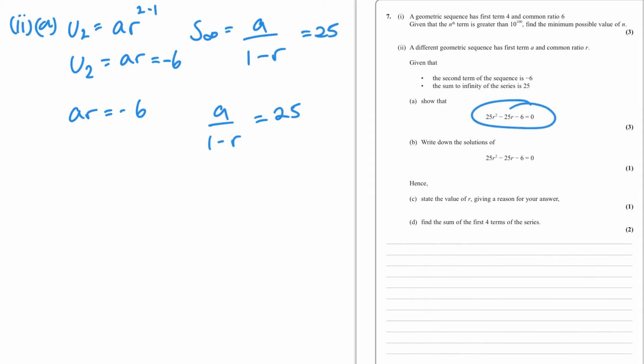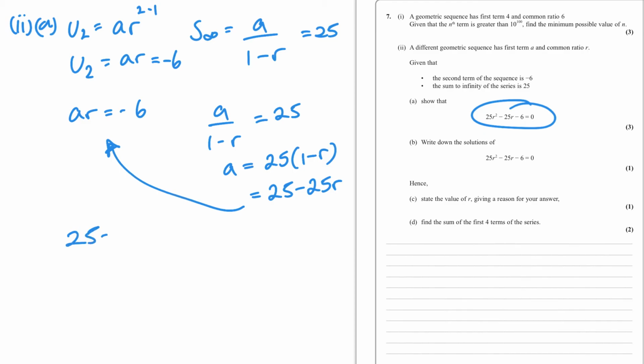Now, this is solely in terms of R, so that means that we want to get rid of our A. So I'm going to rearrange my sum to infinity one. So A equals 25(1 minus R), or 25 minus 25R. And then I'm going to substitute that in here.